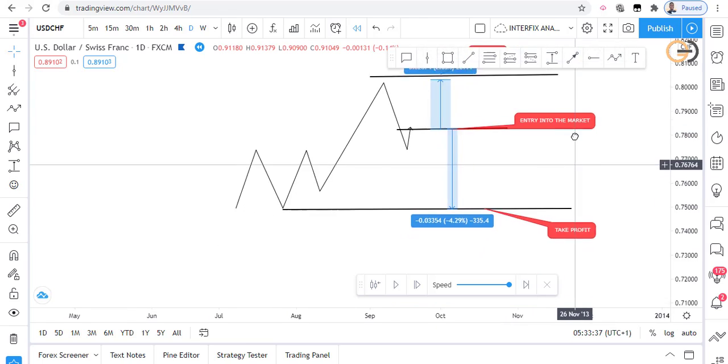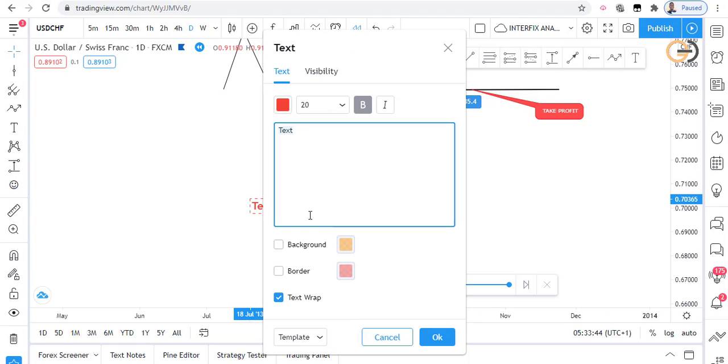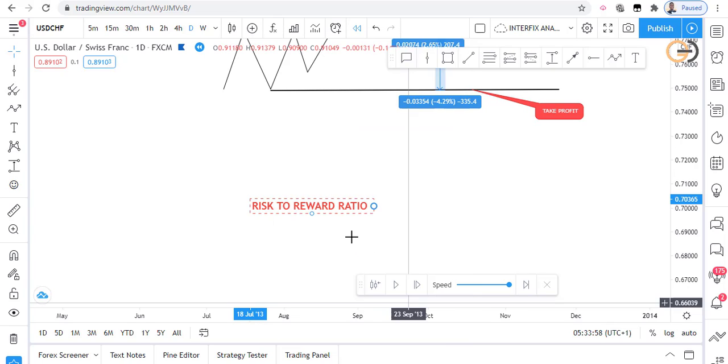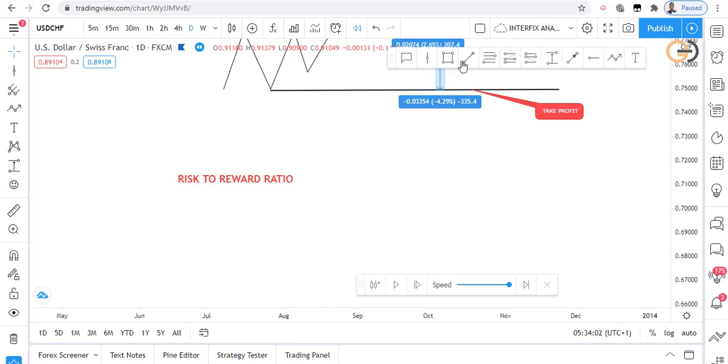So the risk reward ratio I want to teach you is risking 1% of your account. So risk to reward ratio. All right, you need to know the ratio of reward to your risk.